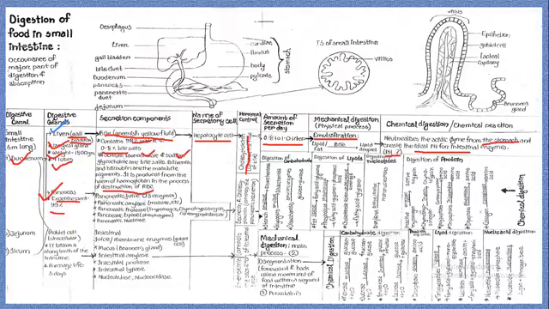Okay, here we see there are different kinds of enzymes present, like pancreatic amylase, pancreatic protease, pancreatic lipase, pancreatic nuclease. Okay, so these are the 4 groups of enzymes.